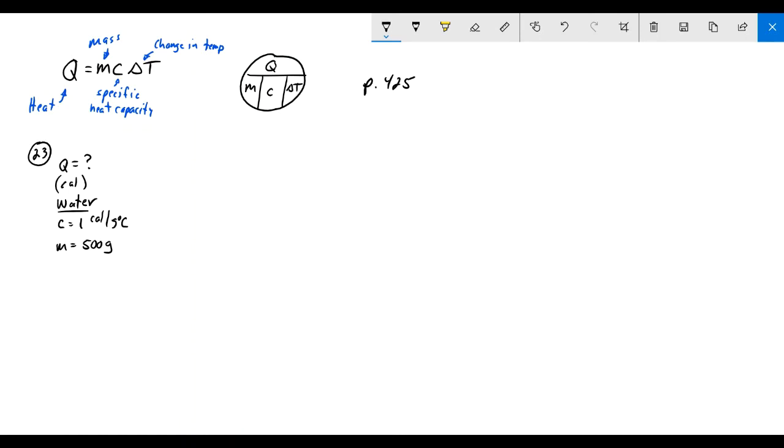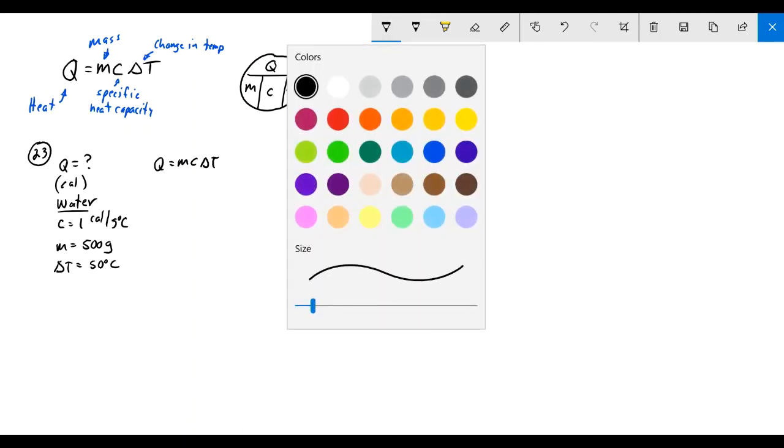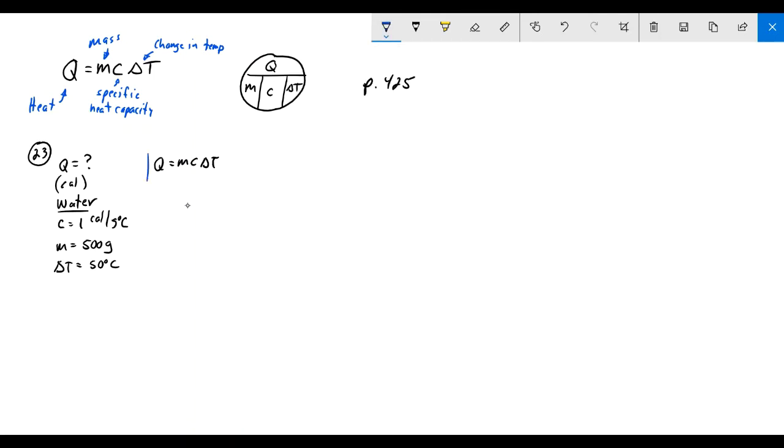It says in this problem that the water changed temperature. It gave us a delta T of 50 degrees Celsius. So this one is very straightforward. All that we need for this is Q equals mc delta T. We don't have to do any algebra. We don't have to expand the delta because of the way the problem is written. We'll just put all the numbers in.